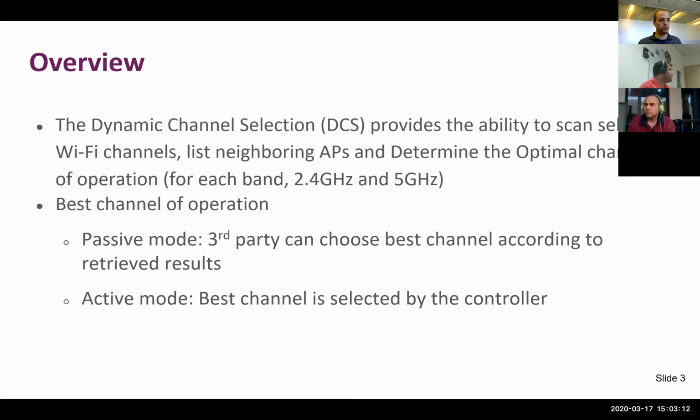So a short overview. The dynamic channel selection will from now on be referred to as DCS. It provides the ability to scan the selected Wi-Fi channels list, neighboring APs, and determine the optimal channel to work on.